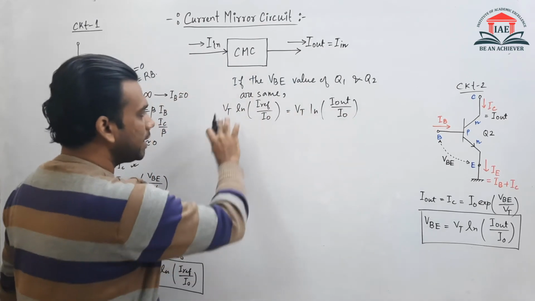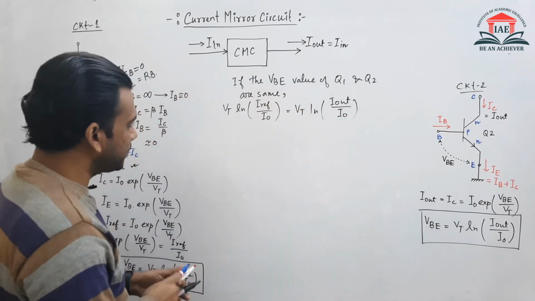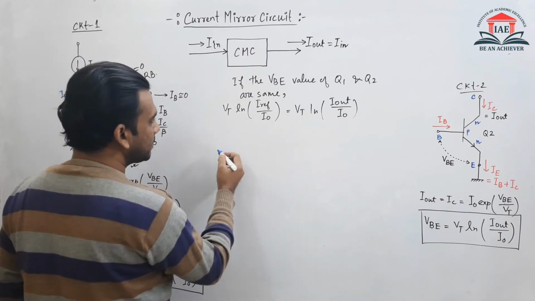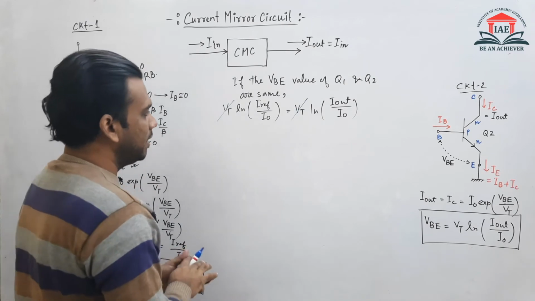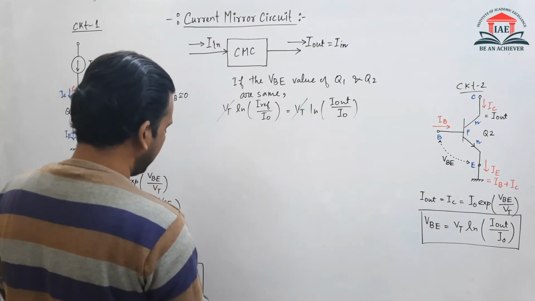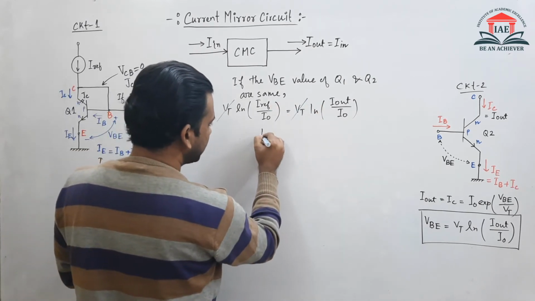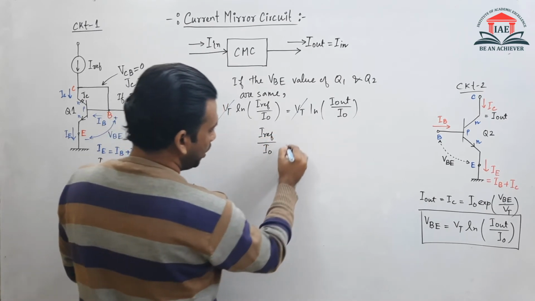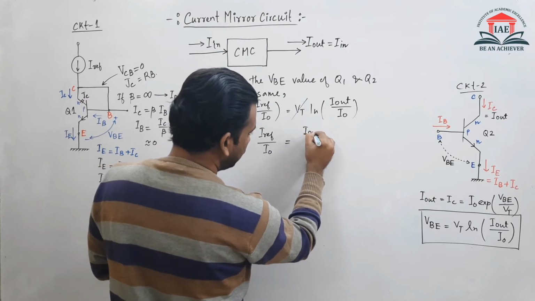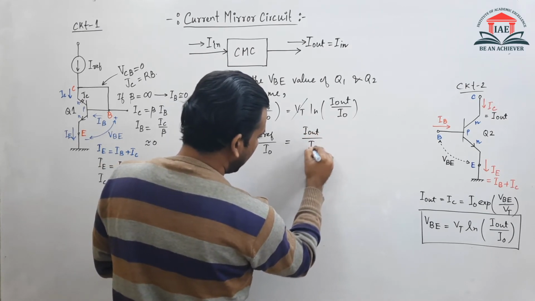Okay, so this is the equation right now. So from the left hand side and right hand side we can see that VT and VT will cut down. If we take exponential on both sides, then we will get I reference divided by I0 equals I out divided by I0.